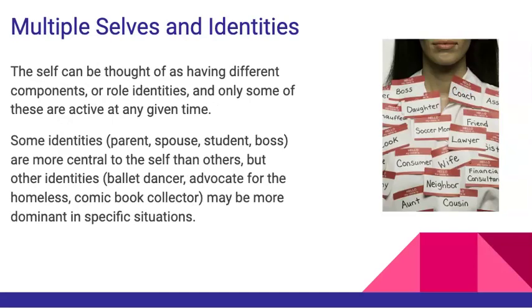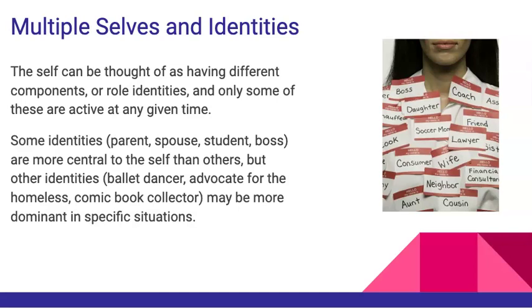One of the things about living in this very modern society is that oftentimes we have many different identities and many different roles that we serve in our life. And so the concept of self can be thought about as having these different roles. Some are simultaneous and some might be at a different time.